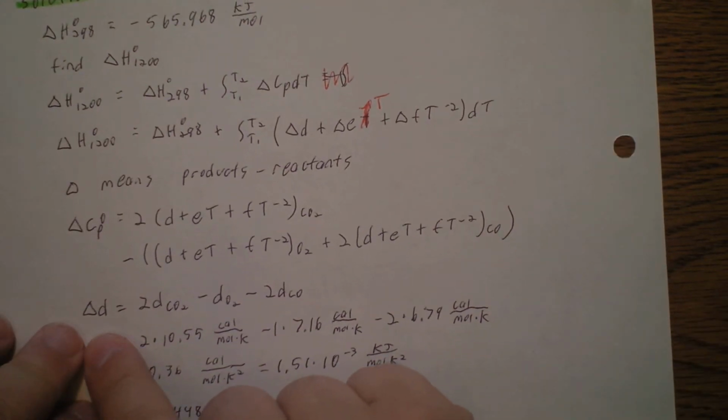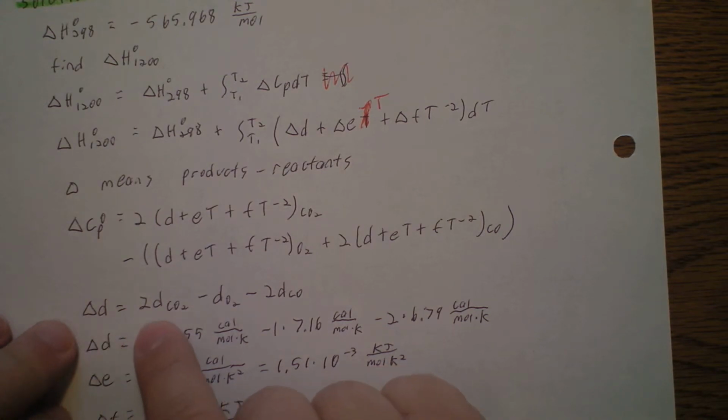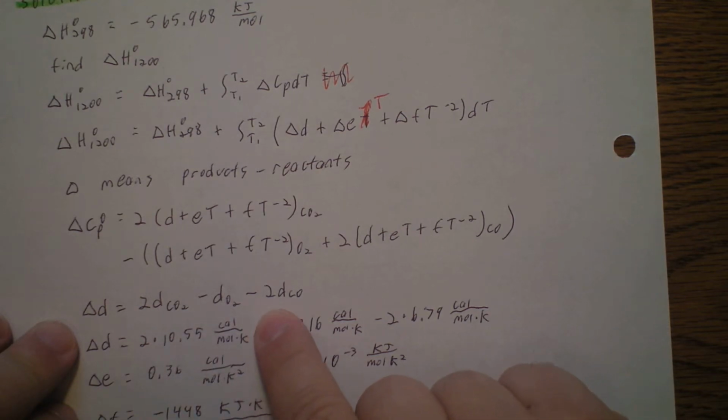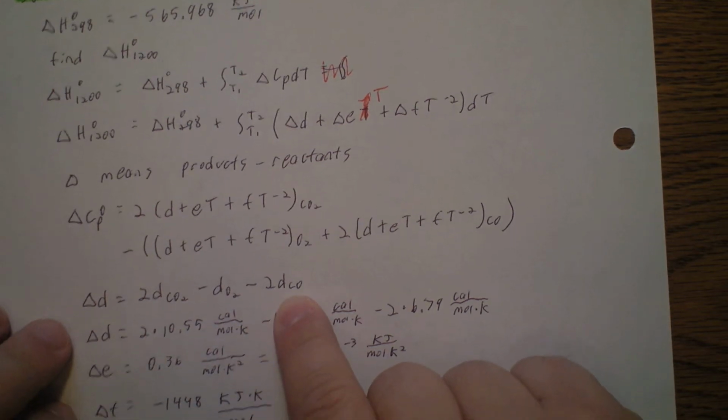So that gives us the change for D is going to be 2 times D of carbon dioxide minus D for oxygen minus 2D for the carbon monoxide.